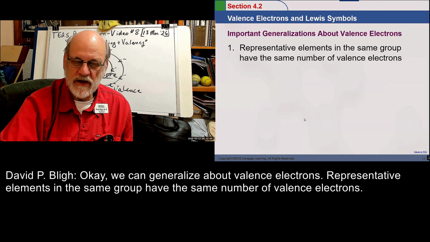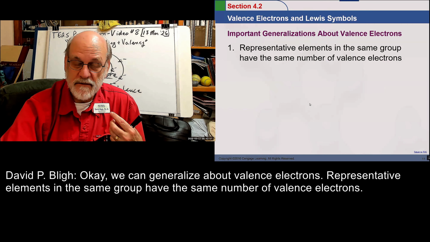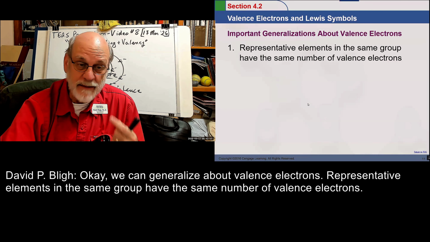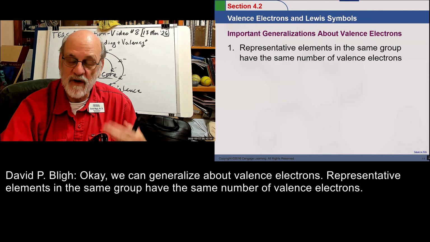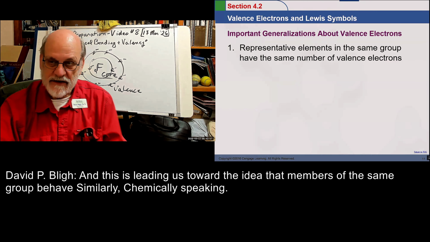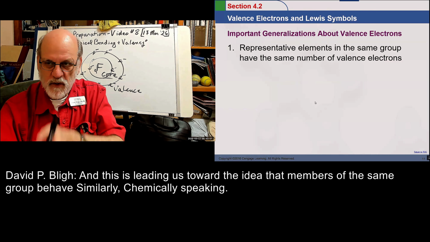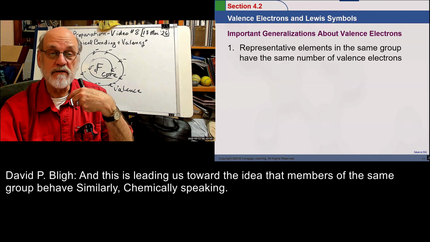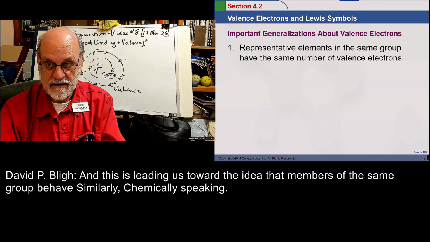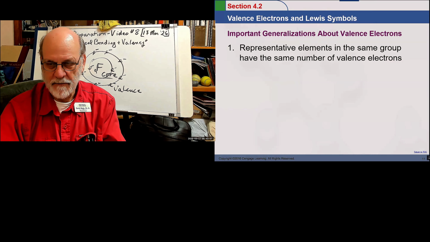Okay, we can generalize about valence electrons. Representative elements in the same group have the same number of valence electrons. And this is leading us toward the idea that members of the same group behave similarly, chemically speaking, right?